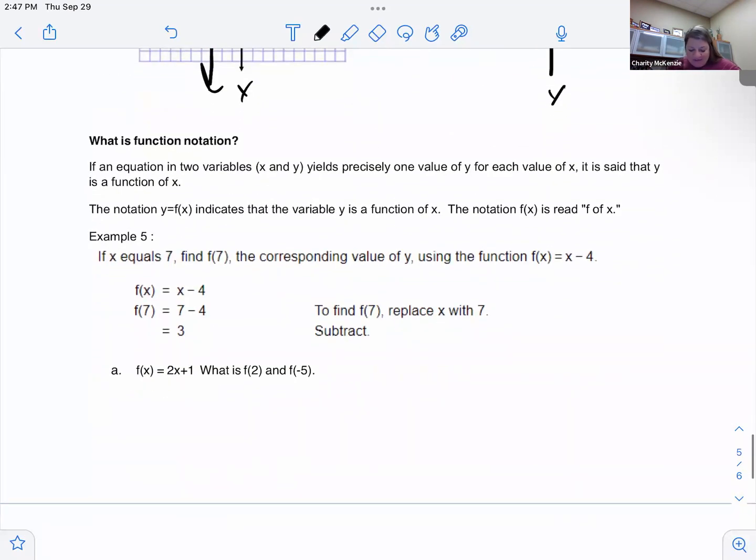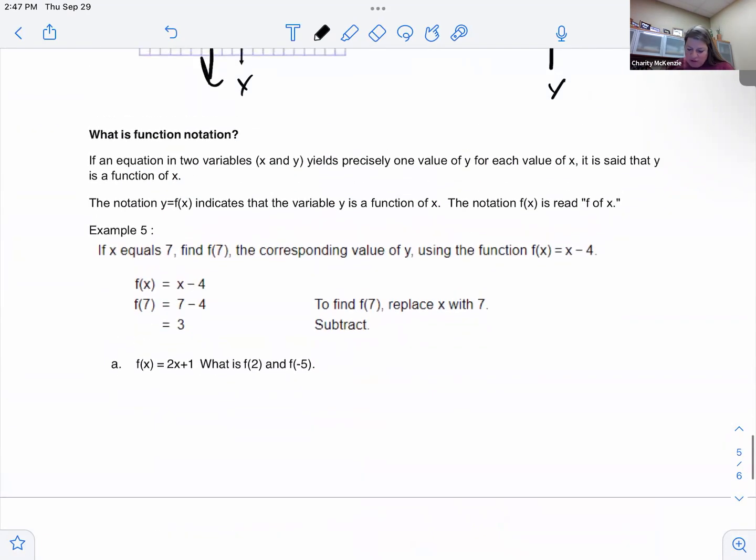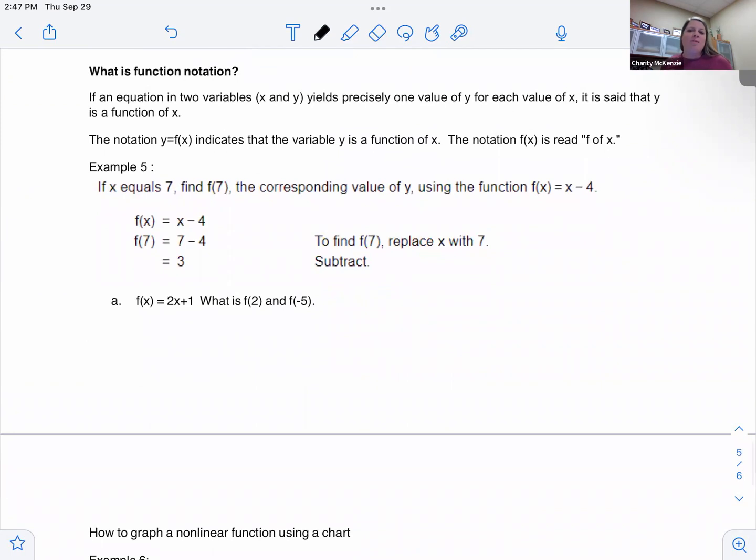Okay, what is function notation? Function notation is just a different way to write our y value, kind of. We like to see the input and the output all at once. So I have the notation y equals f of x, right? This is huge. So y equals f, parenthesis, x.